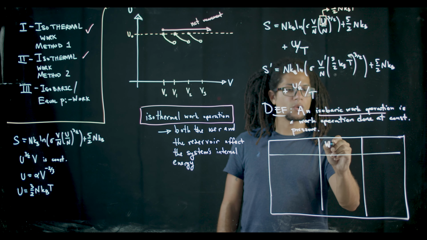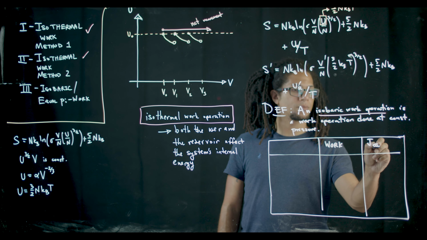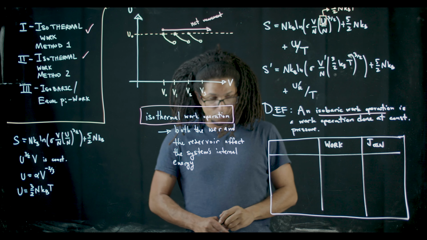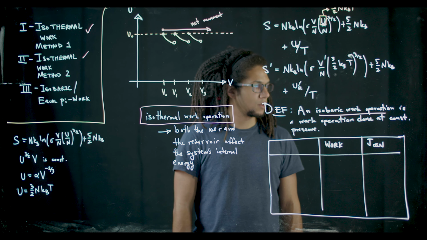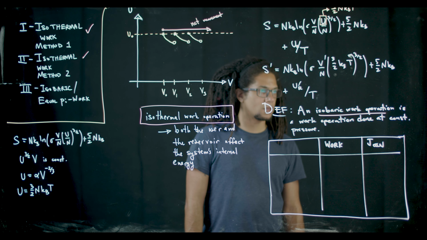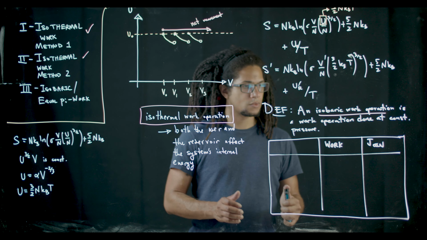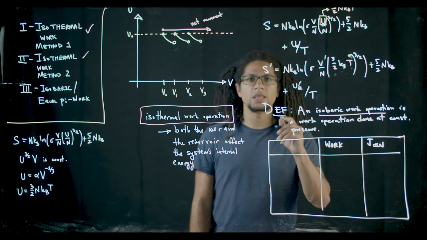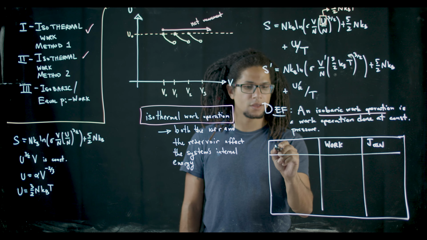So here we'll put the work operation, and here we'll put the join operation. And in this column, we'll put what reservoir type we're in contact with.